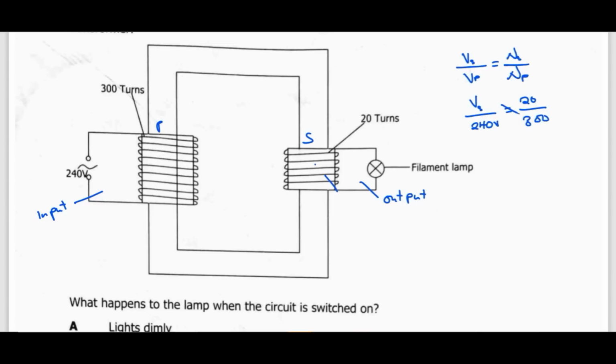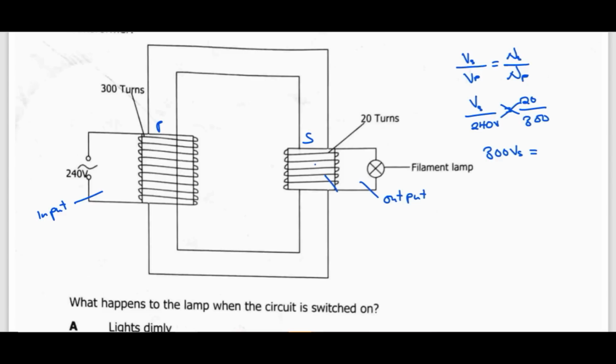So when you reach here, you're going to cross multiply, and then we're going to have 3 V is equal to, so when you multiply 20 times 240, what do we have?